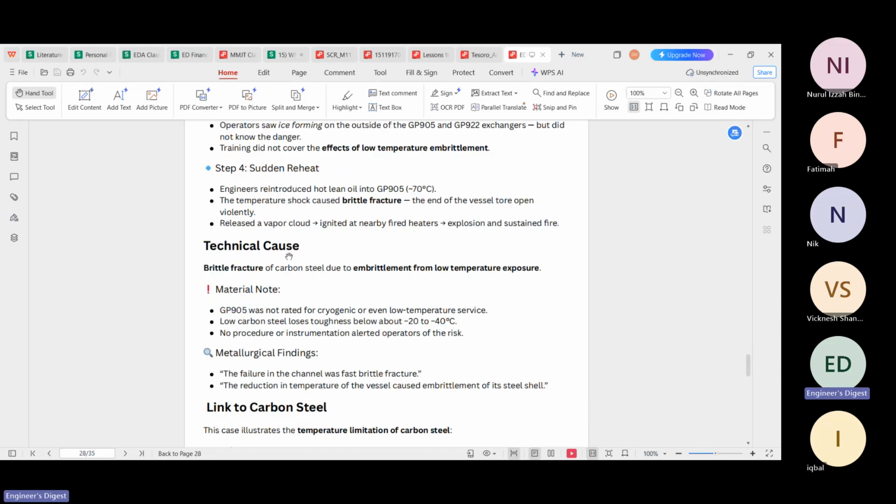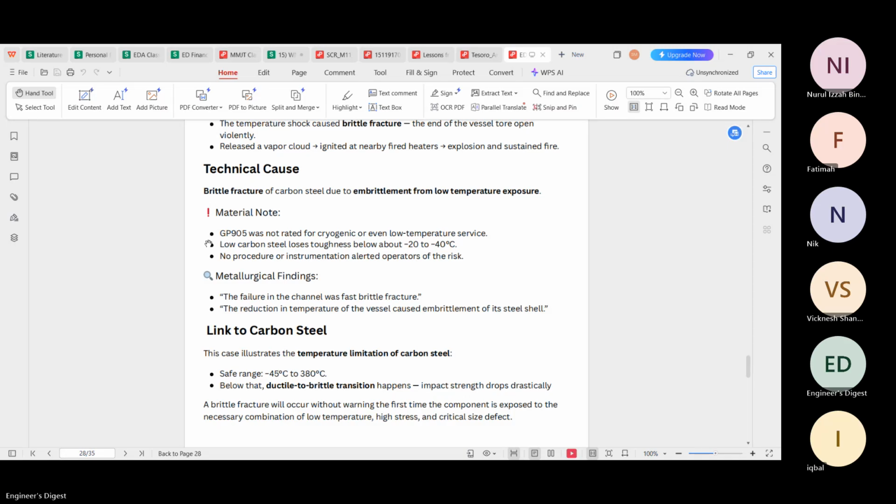Okay, what is the technical issue here? Brittle fracture of carbon steel due to embrittlement from low temperature exposure. This heat exchanger was not rated for cryogenic or even low temperature service.